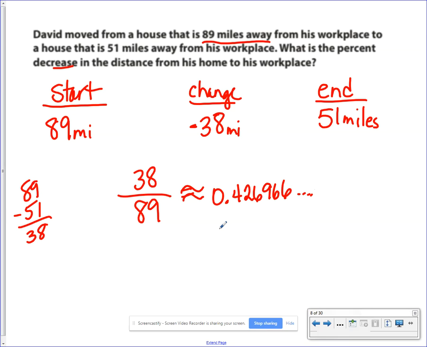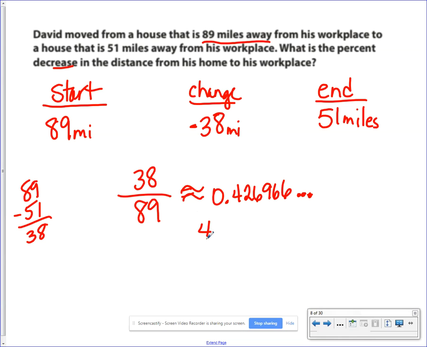I can't even really tell right now with the 10-digit display where it's repeating. I know because it's a fraction of integers, it's going to repeat, but I don't know where. So I'm just going to put some dots there. That's called your ellipsis. I know it keeps going. I'm going to cut it off.